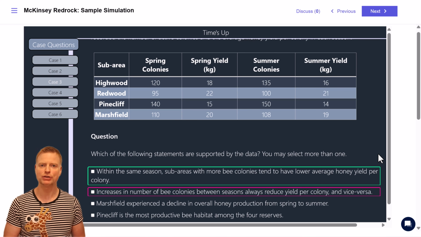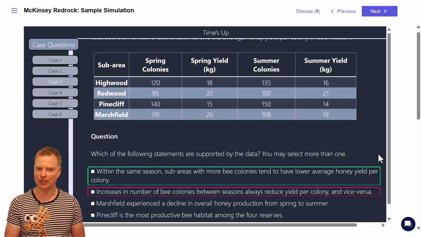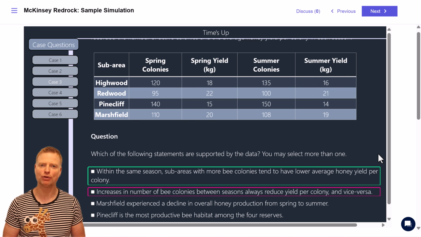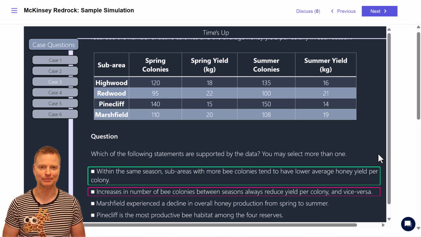Increases in number of bee colonies between seasons always reduce yield per colony and vice versa. This statement is kind of similar to the first one, where we had to check yields by colony vertically. Now we need to do it horizontally. The statement is true for Highwood. In spring, 120 colonies produce 18 kilos of honey, but 135 colonies only produce 16 kilos in summer.